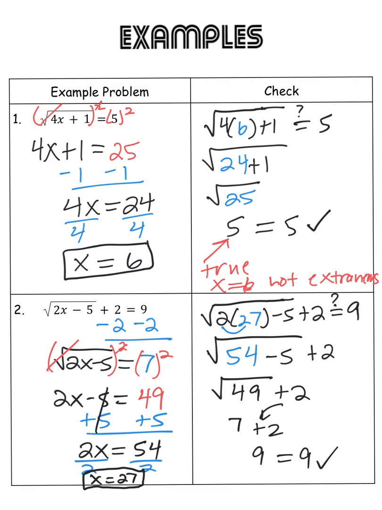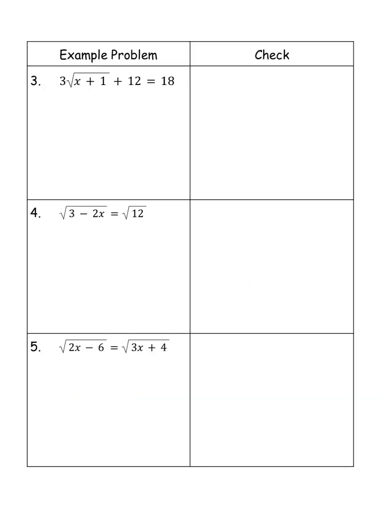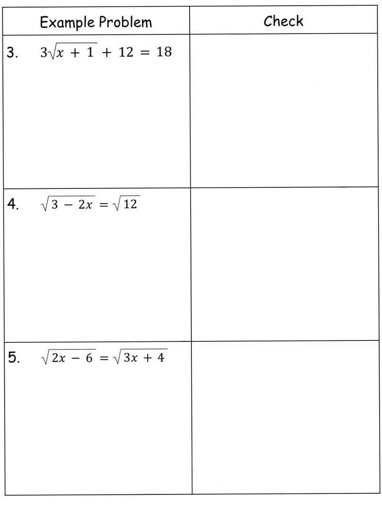Okay, let's go ahead and move on to the next page. So example 3. We have some math around the outside of the square root in this example as well. So we're going to go ahead and get rid of that math. I'm going to start by subtracting 12.